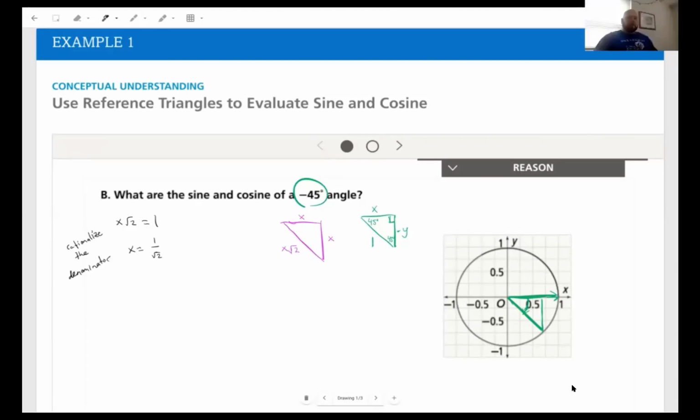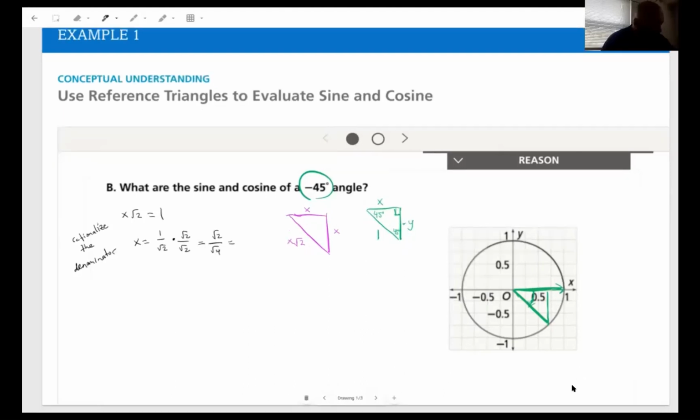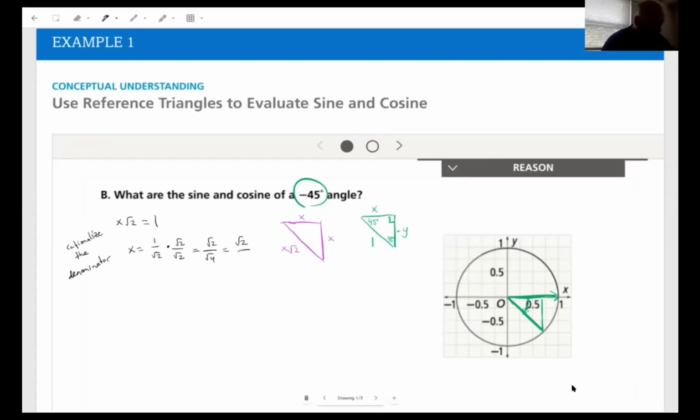So in order to do that, we're going to multiply this fraction by the square root of 2 over the square root of 2. And when I do that in my denominator, when I have root 2 times root 2, I get the square root of 4. And on the top, 1 times the square root of 2 is just the square root of 2. And you know that the square root of 4 in the denominator is the number 2.